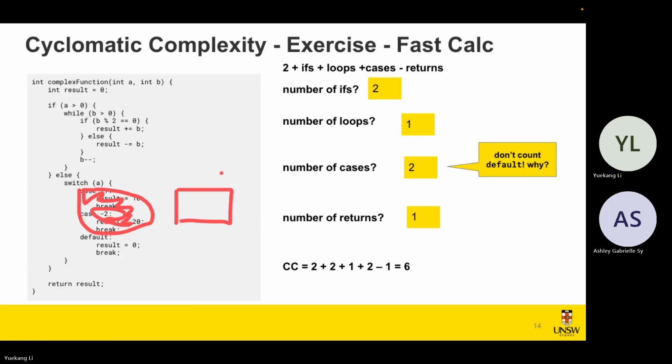So that's why only the new cases bring in more edges, more branches. So that's why we don't count the default case here, although it is somehow considered as one of the cases for the switch statement. Because it doesn't bring in more branches, we don't count default in this formula. So cases are strictly the case statements inside the switch block if we apply the fast calculation formula.